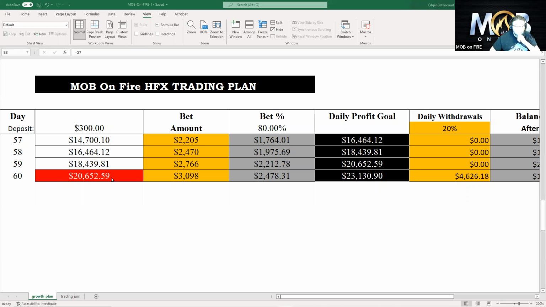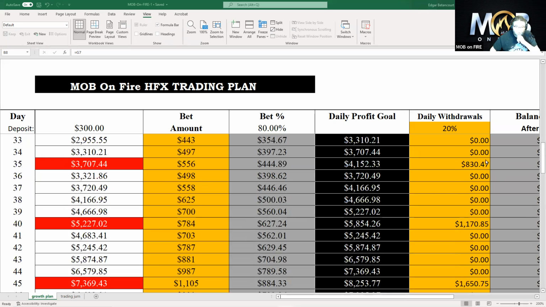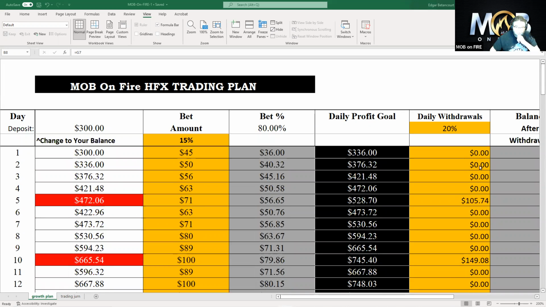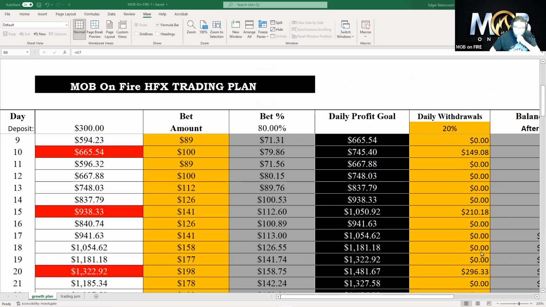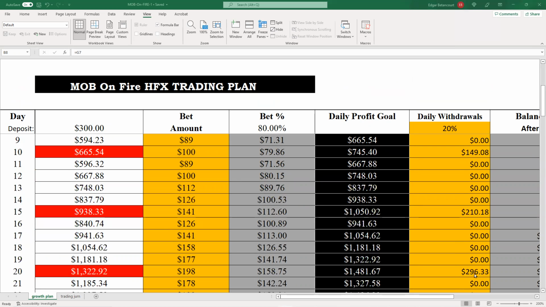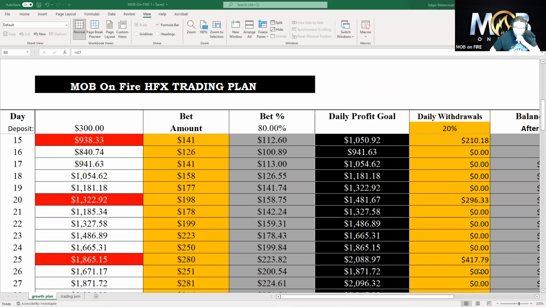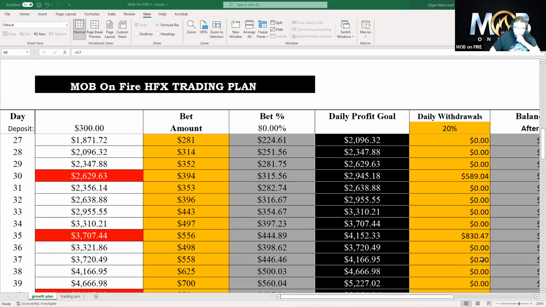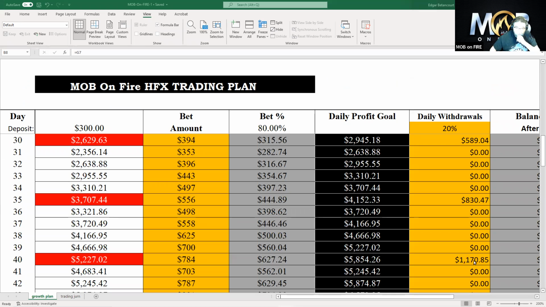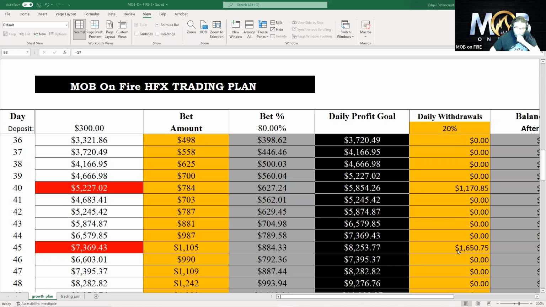$20,652, and in the process putting in your pocket, let's see, we have 105, 250, 460, 760, 1120, 1690, 2410, 3570.